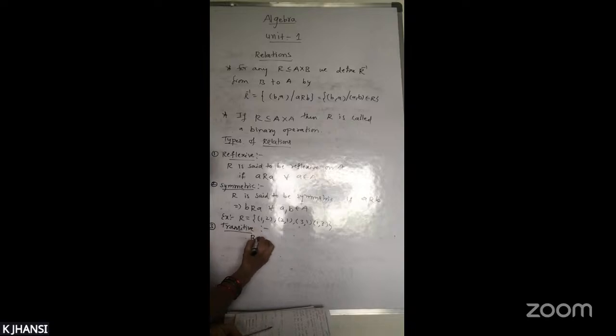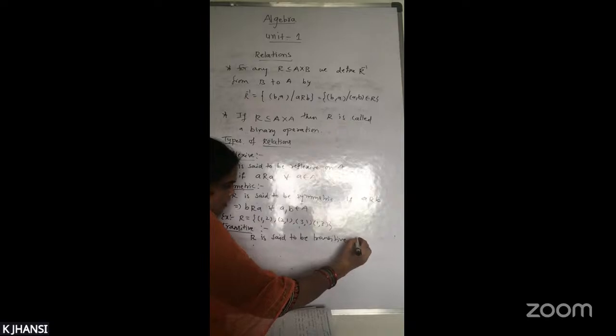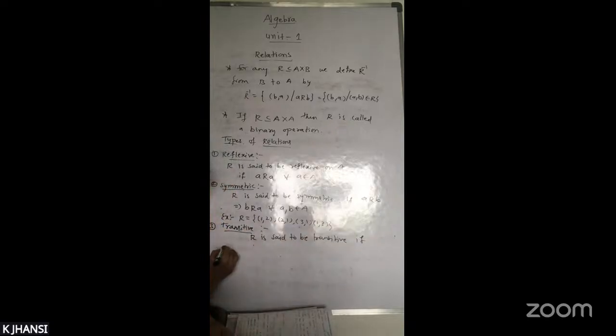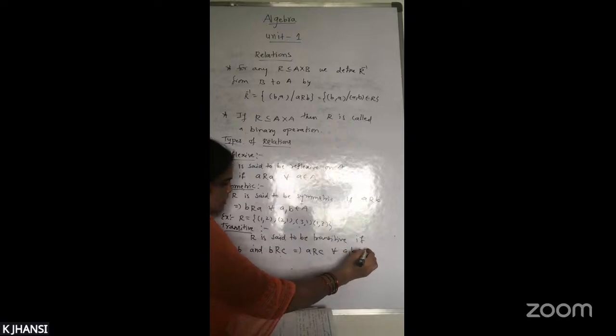R is said to be transitive if A is related to B, and B is related to C implies A is related to C, for all A, B, C belonging to set A.